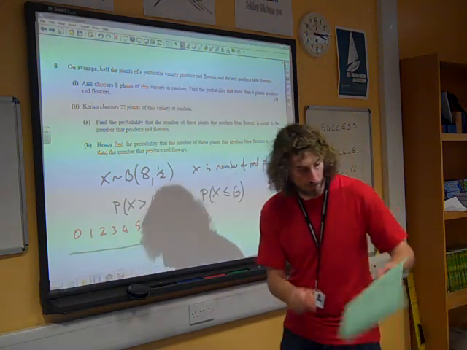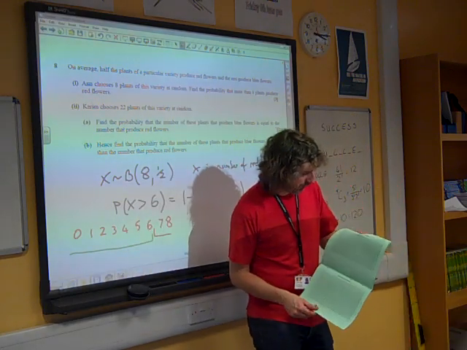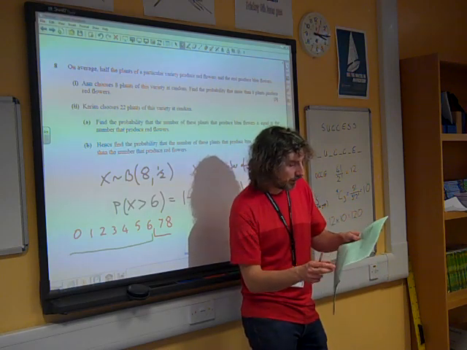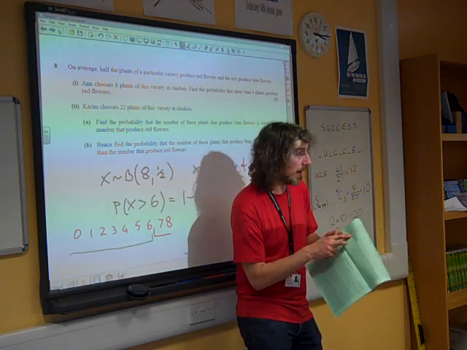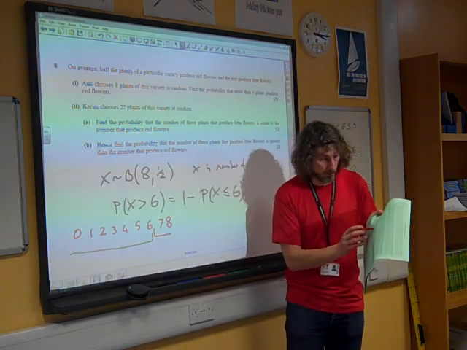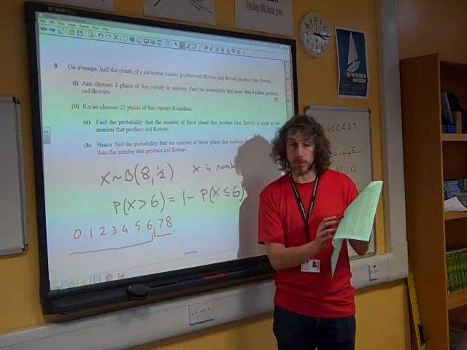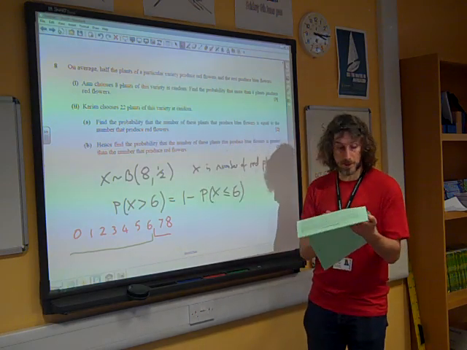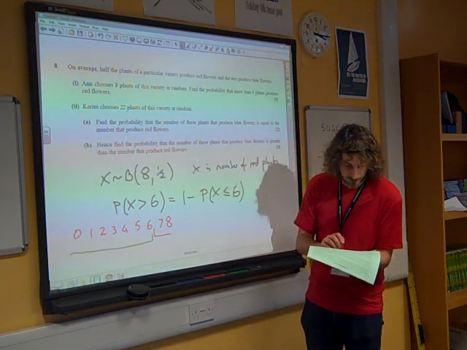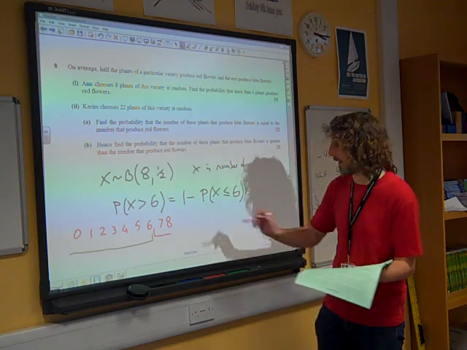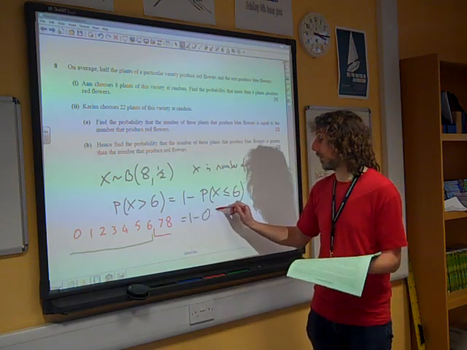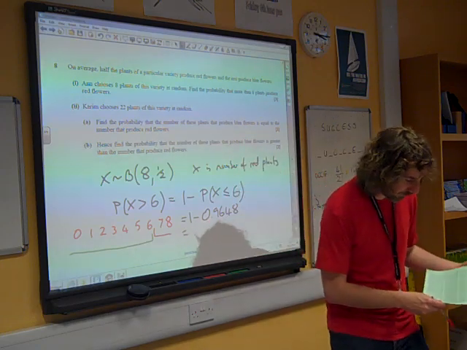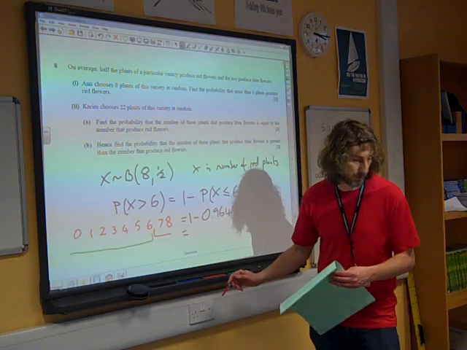We're going to find the n equals 8 table, in the first page of tables on page 10. We go along to a half on the top, and look down for the probability of X being 6, and I am getting 0.9648 out of that, which gives me a value of 0.0352.